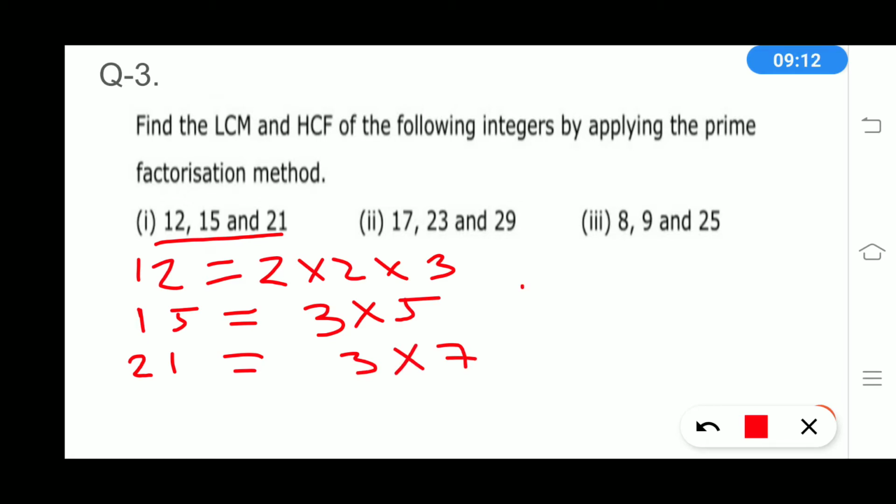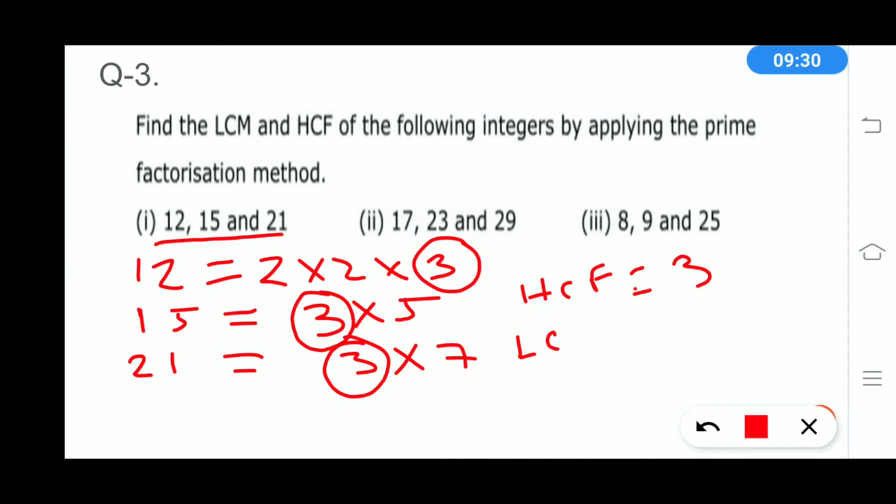So HCF equals the common prime factor. So the common prime factor is 3, so HCF is 3. Now LCM. At first write 3 into 7.